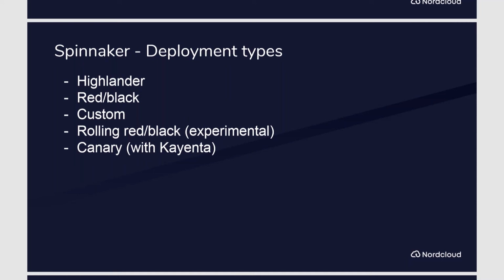And the rolling red-black is experimental, so we won't go any further into that. And the latest one is the canary. I think this will be quite huge, and it has certain benefits, because you can use external advanced monitoring tools to validate whether the new deployment is good to go or not.